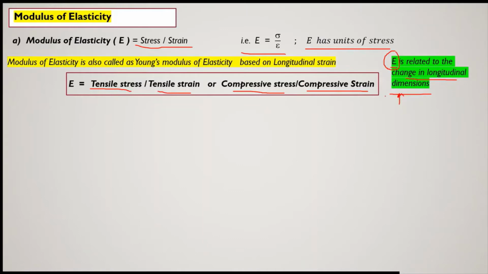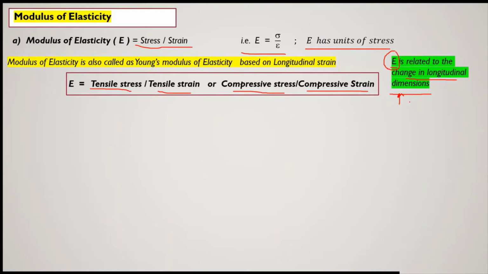So if you have information about different types of material, suppose you have 3 or 4 different types of material, your main concern will first of all be to check what the modulus of elasticity of these materials is.